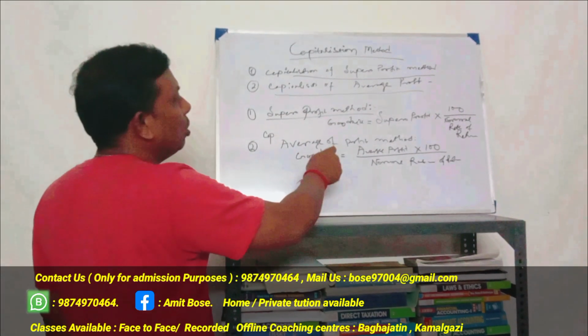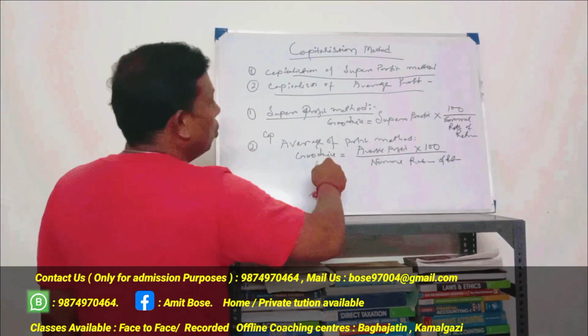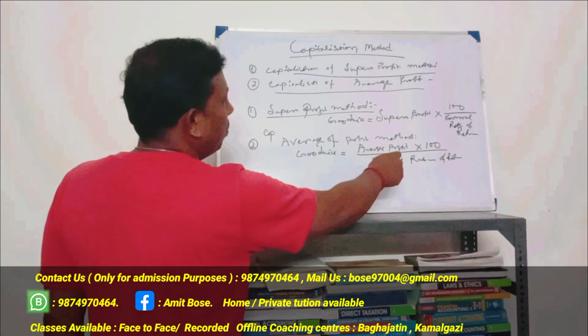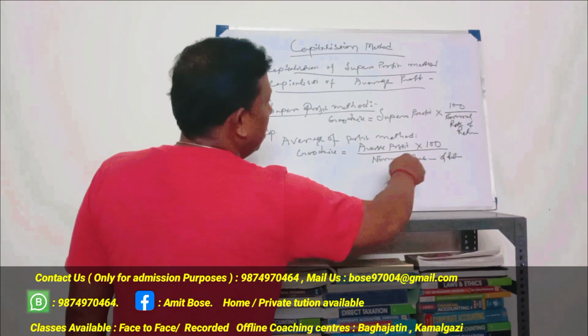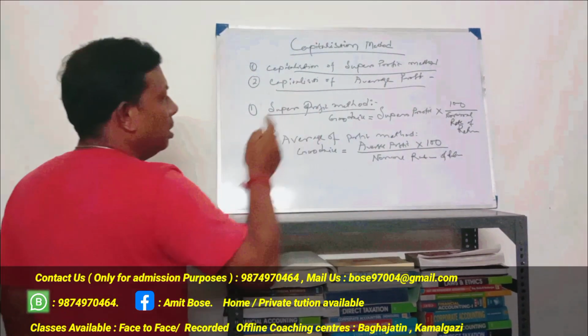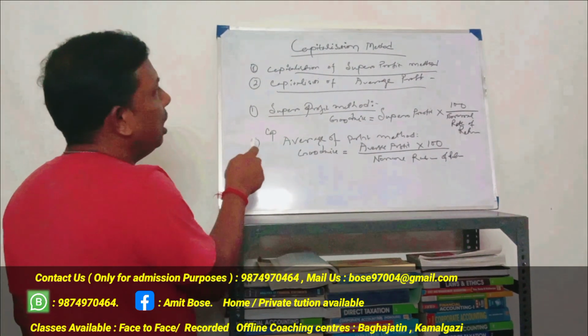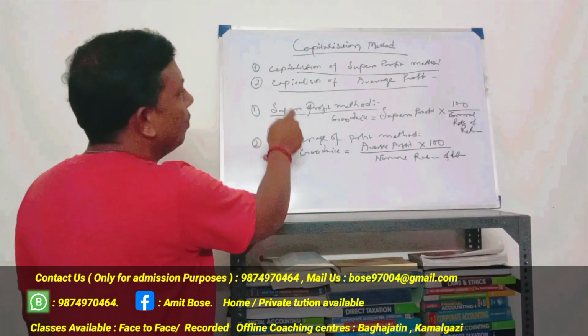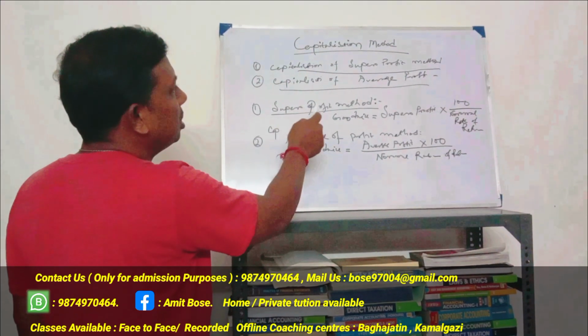Number two, capitalization of average profit method: goodwill equals average profit into 100 divided by normal rate of return.